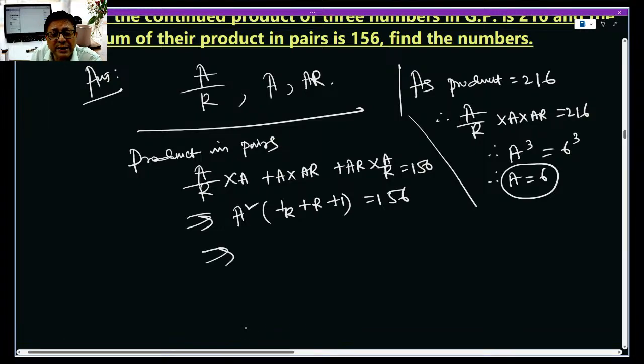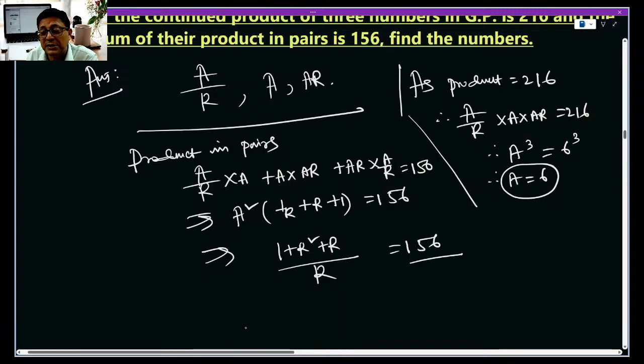So this implies 1 plus R plus R square by R equal to 156 by A square, 6 square. That is 26, isn't it? You have to solve for R from there.